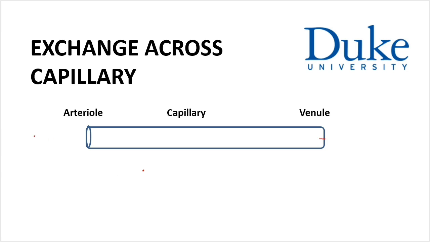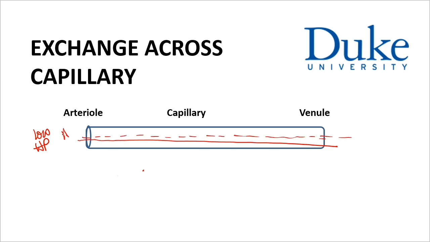So we have a hypotensive situation, where the hydrostatic pressure starts very low and drops across the capillary. But under these conditions, the oncotic pressure can be, in fact, higher. And as the oncotic pressure is greater than the hydrostatic pressure, there's reabsorption of fluid back into the capillary all the way along the capillary bed.